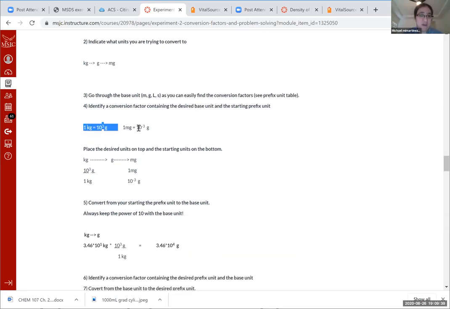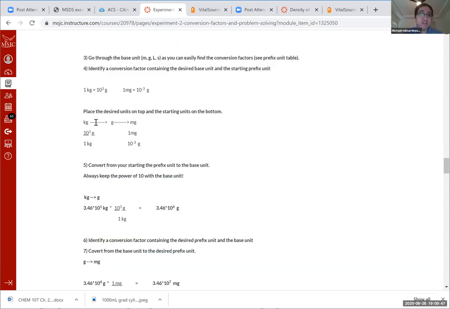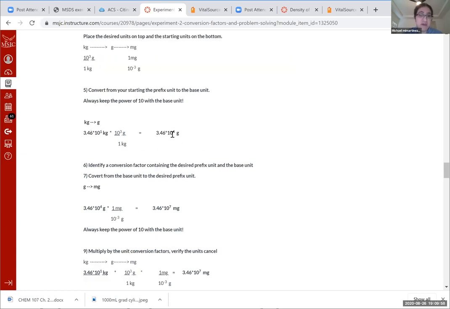Once you have created and referenced your equalities from your metric conversion table, you'll write each equality as a conversion factor, which is a ratio of two equal quantities. Then you multiply by your conversion factors, and you always keep the power of 10 with your base unit.